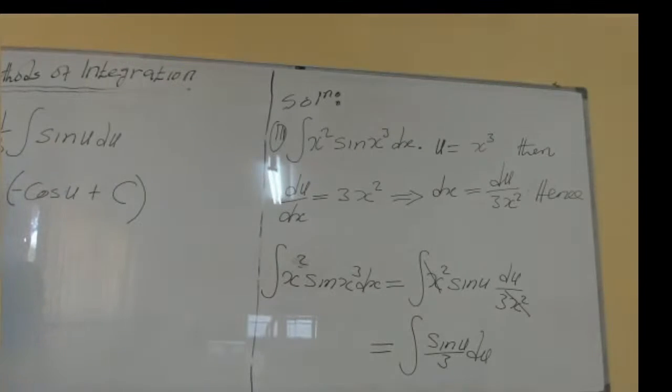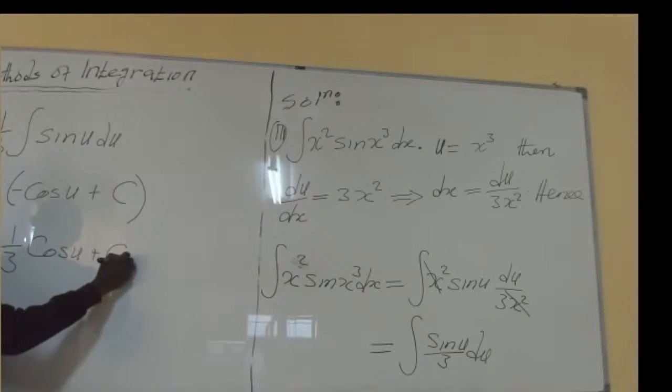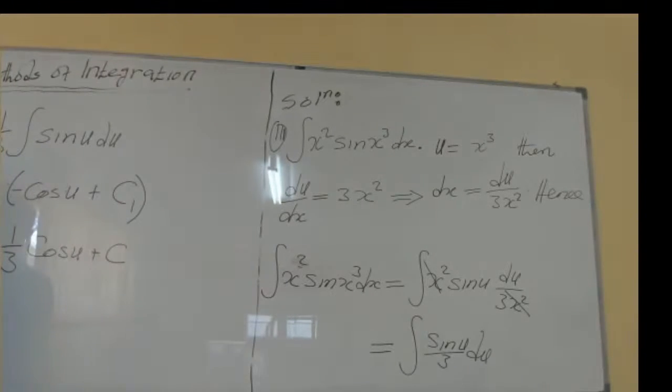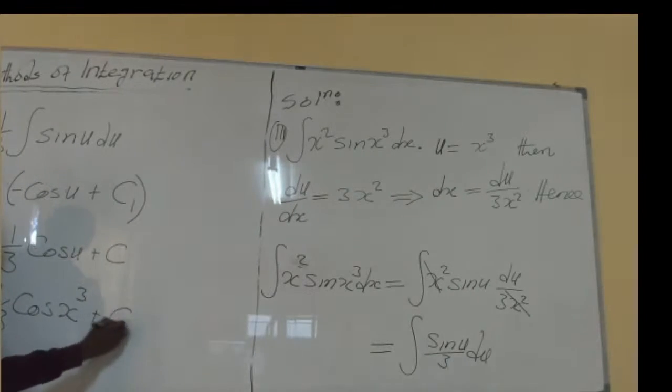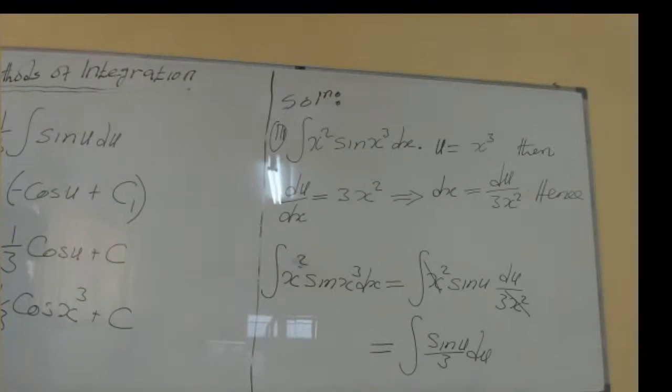When we multiply through, we get negative 1 over 3 times the cosine of u plus c. But what is u? U is equal to x power 3. So negative 1 over 3 cosine of x cubed plus c. So then you are done with the construction of your solution.